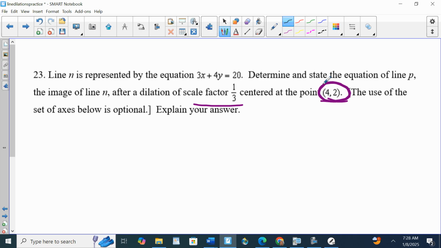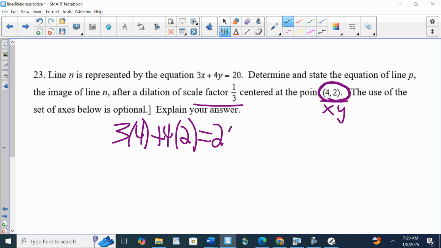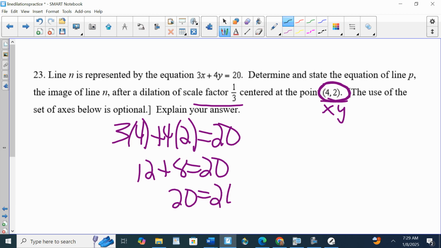If it's open response, I need to now determine that. So to determine if this is on the line, I'm just going to replace x with 4 and y with 2. 3 times 4 plus 4 times 2 equals 20. 12 plus 8 equals 20. They're equal, which means it is on the line, which means the equation is the same thing.